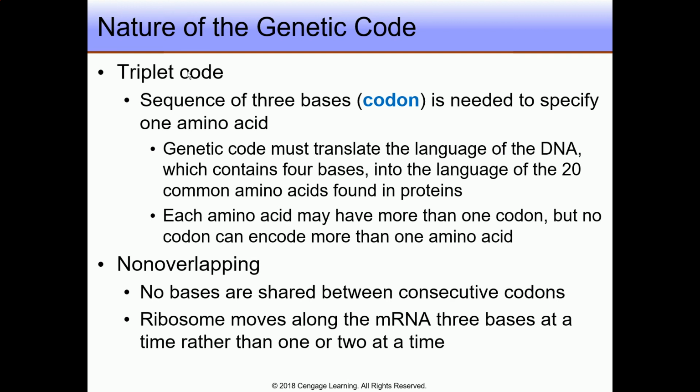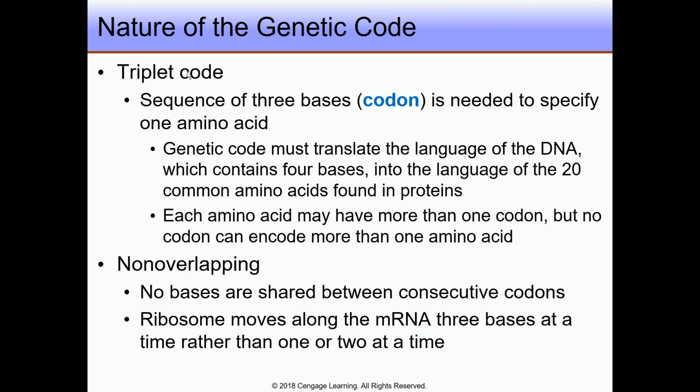Transfer RNA has an amino acid on one side, and it has an anticodon on the other side. I'm going to show you that. This anticodon on the transfer RNA recognizes a codon on the mRNA.